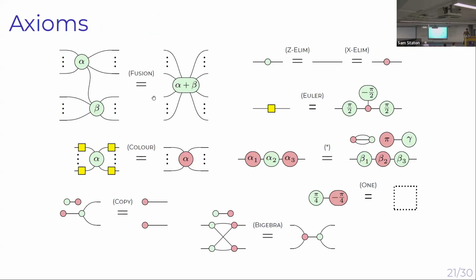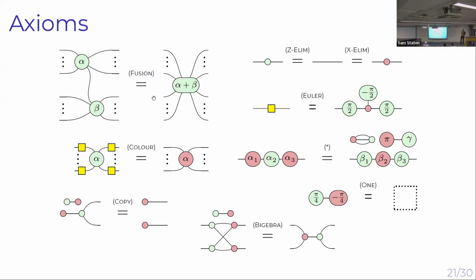Getting together all the axioms in a slide, this is what we get. Here we have some of the rules we have already talked about. We also have Z and X elimination for the identity. We have the bialgebra rule, the way to decompose the Hadamard box in terms of Z and X spiders. And we have this permutation rule describing how we can go from rotation around ZXZ to XZX.